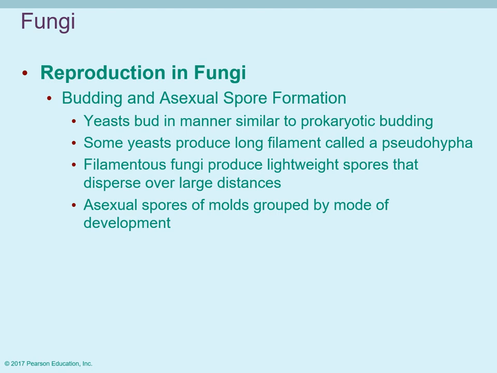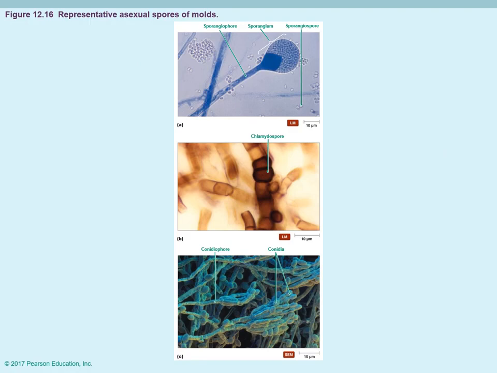They can also carry out what we call asexual spore formation. Oftentimes what they will do is they form a very long filament called a pseudohyphae, and then they produce spores on the end of that. Here's a pseudohyphae with the spores on the end.